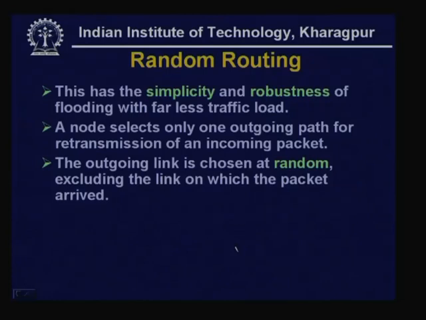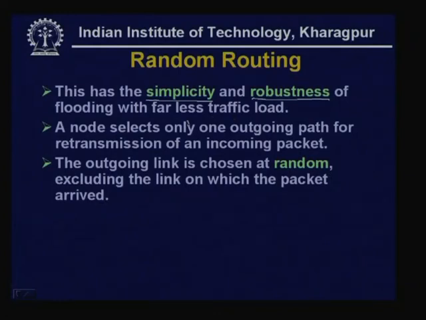That can be somewhat reduced with the help of random routing, and it has the simplicity and robustness of flooding with far less traffic. So, it gives you some benefits of flooding, at the same time it overcomes some of the limitations of flooding. That means, it reduces the traffic load, which is the main drawback of flooding.